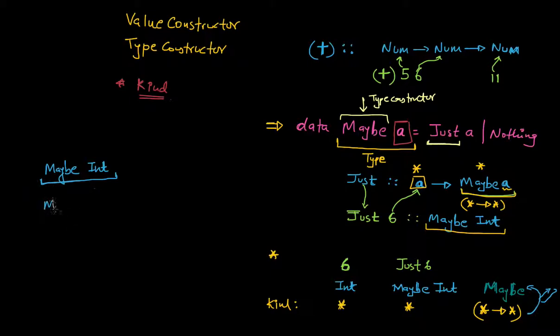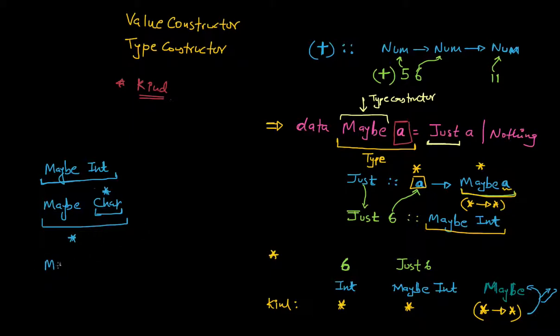Likewise, I can do maybe char. Char is a concrete type, which has a kind of star, and maybe is a type constructor that takes in this concrete type, and out comes back this entire thing, which is a concrete type as well.